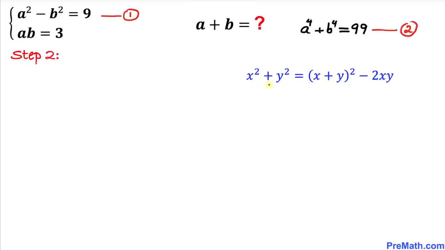And here's our next step. Let's recall this identity: x squared plus y squared could be written as x plus y whole square minus 2 times xy.